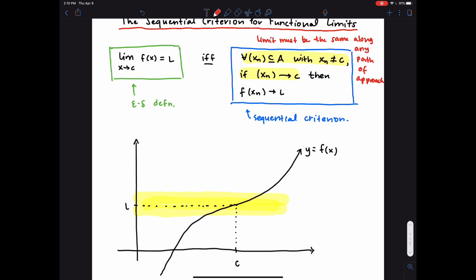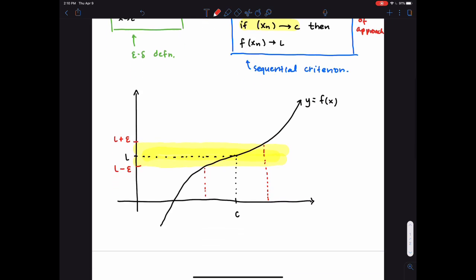Here, this is L plus epsilon. Down here, we have L minus epsilon. If you come over, you can see the cutoff for what it takes to be inside this band. As long as you pick a neighborhood that's within that range, you've got an acceptable delta value. So I could pick, say, this. Okay, so this is our epsilon band.